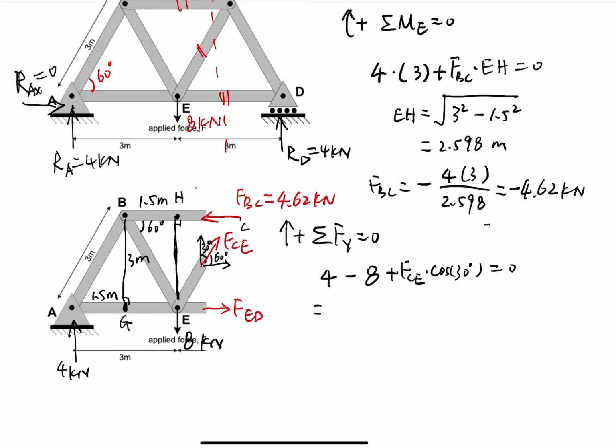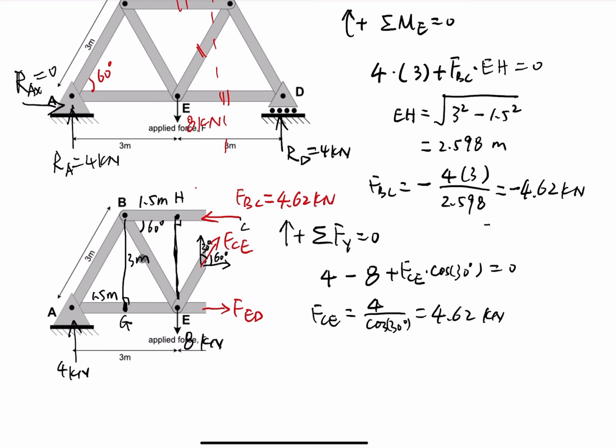Then we have FCE equal to 4 over cosine 30 degree. The result is FCE equal to 4.62 kilonewton, positive. That means the direction of FCE is going this way, and the member CE is in tension. So we got FCE, then we can come out with FED.